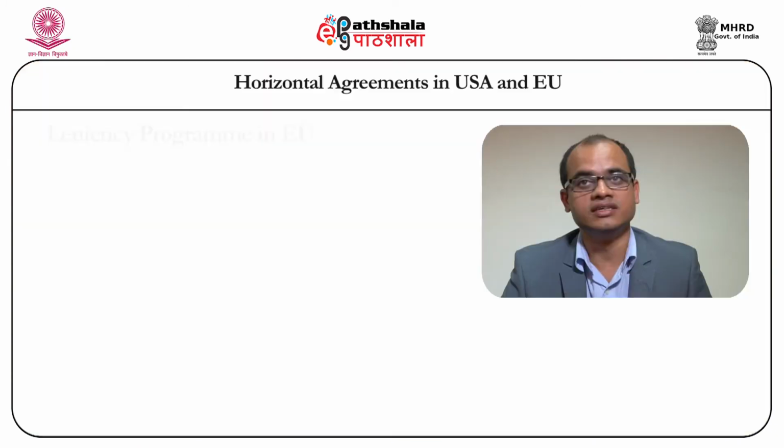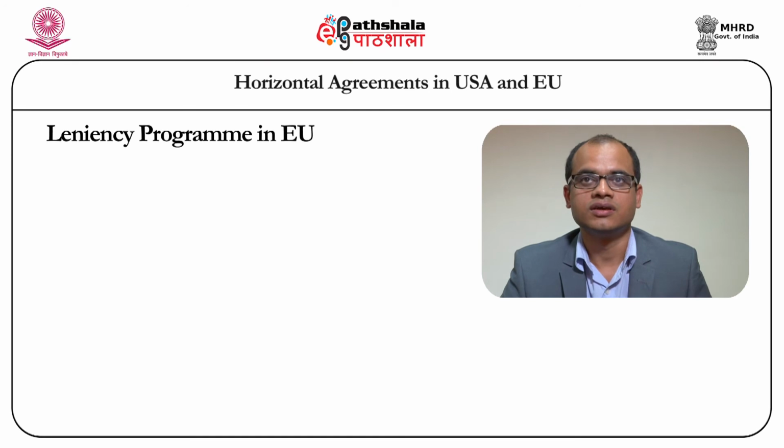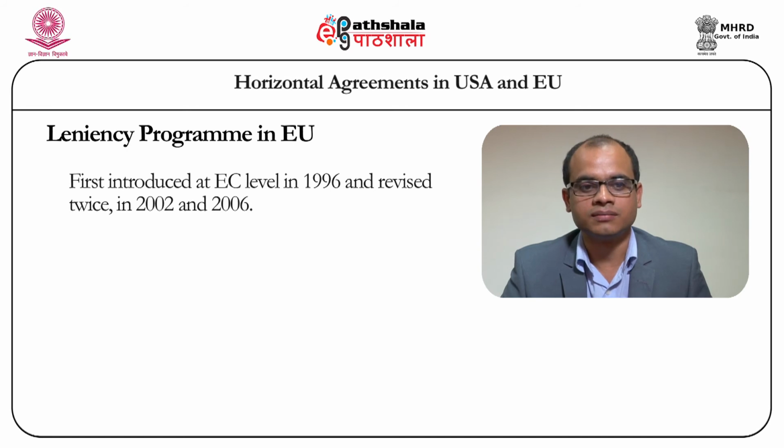Moving on to the next important thing, which we already did in the case of the US and now we'll do in the case of the European Union, is the leniency program, the leniency policy for detection and for fighting cartels. The EU leniency policy was first introduced in 1996 and has been revised twice, first in 2002 and then in 2006.